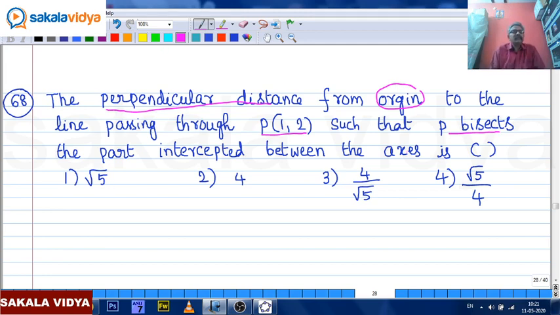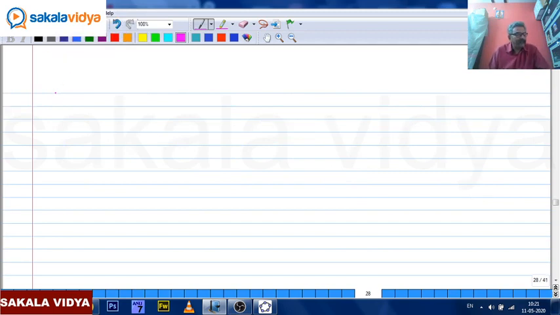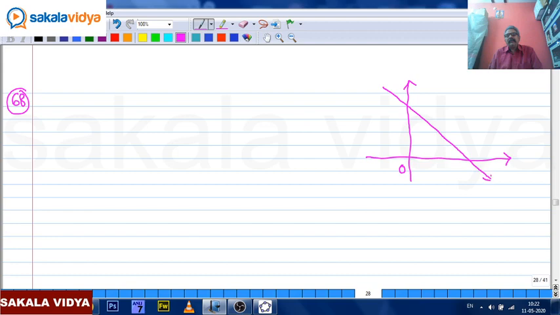So that means, you see, 68. Let me explain clearly. So these are the coordinate axes. This is the origin. A line makes an intercept between the coordinate axes.